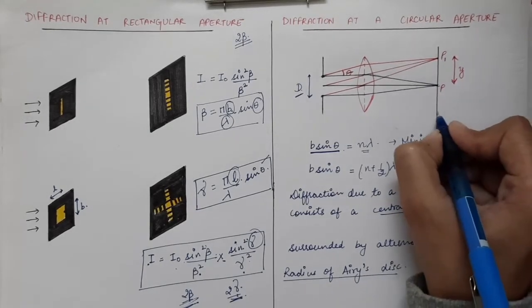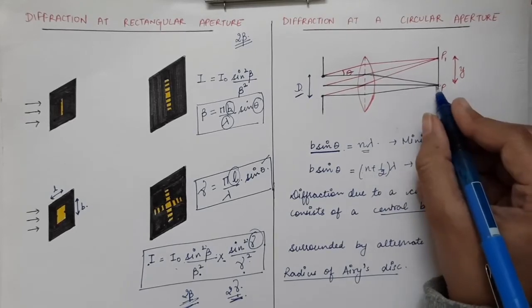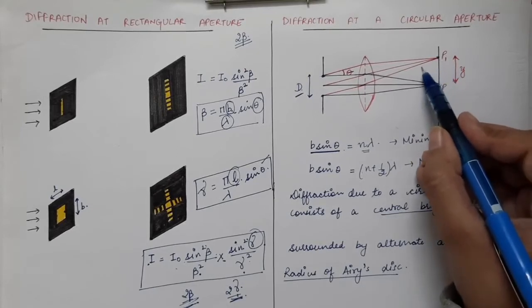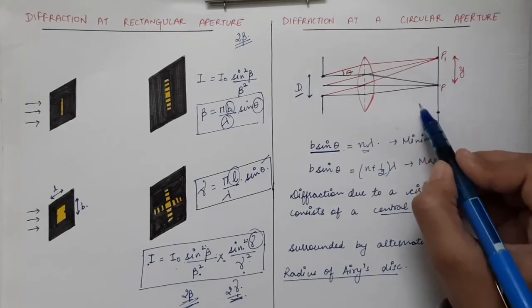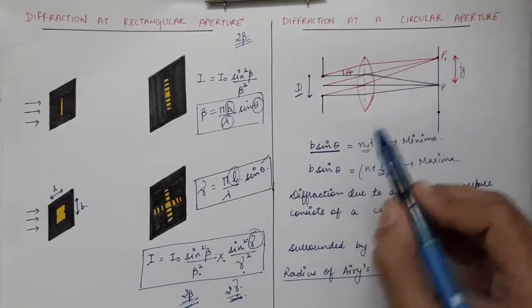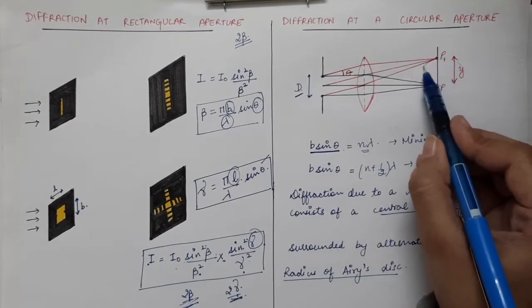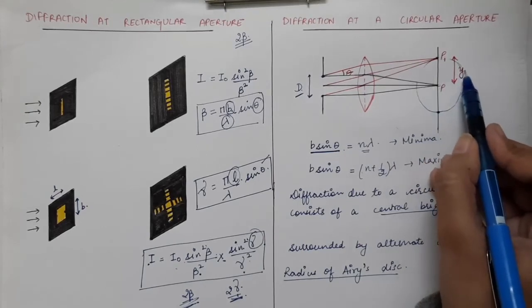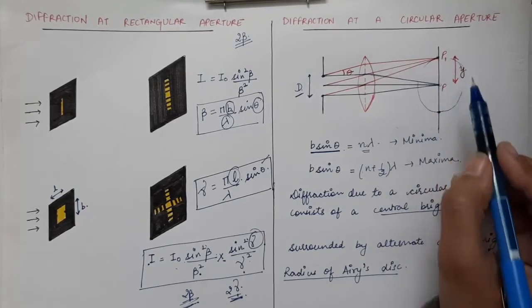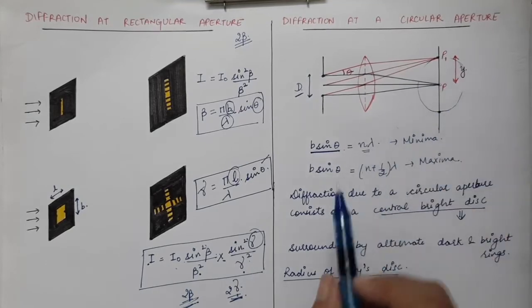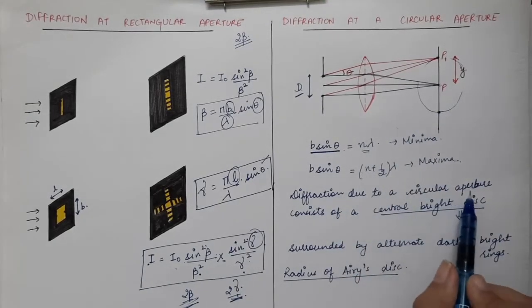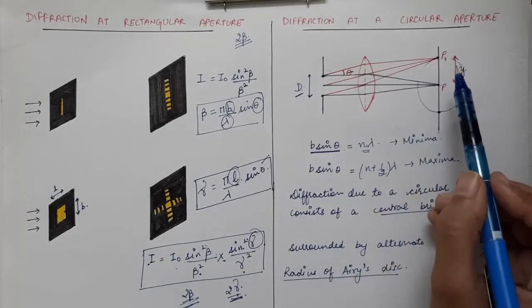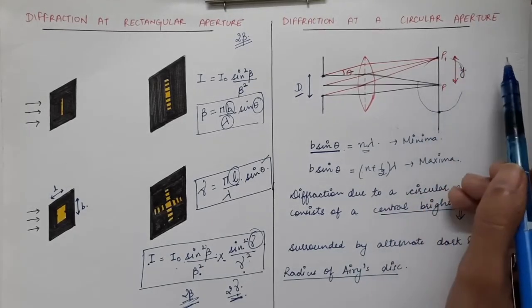So at this point also, here also minima will be there, and also at all other points. That will be nothing but circular in shape. So at all the points which are on the circumference of a circle of radius y, minima will be obtained. Therefore diffraction due to a circular aperture consists of various circular bright and dark fringes.